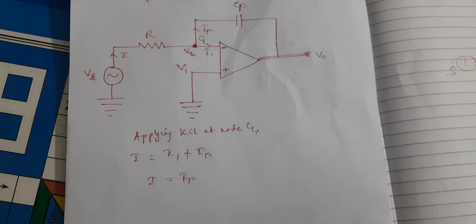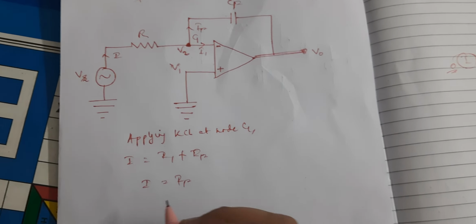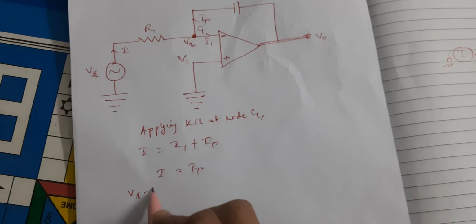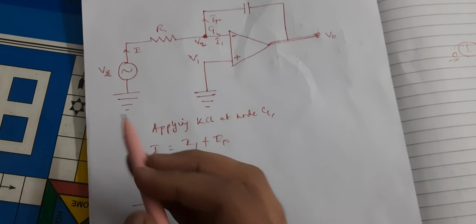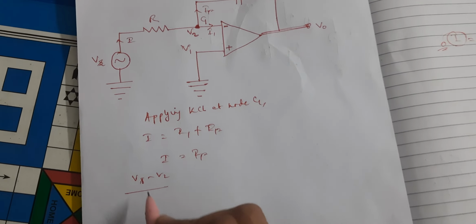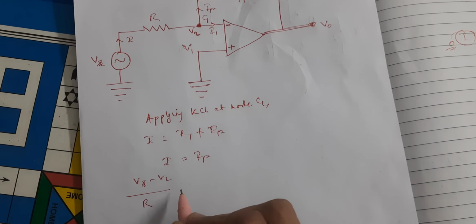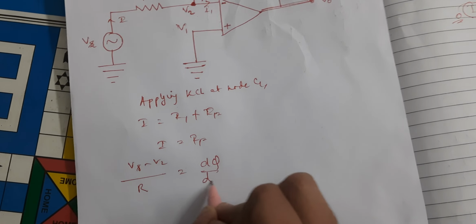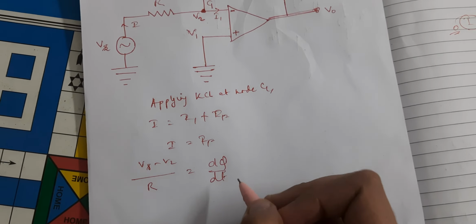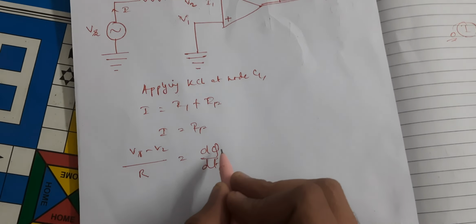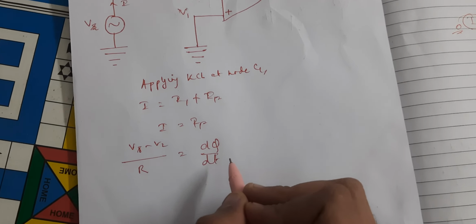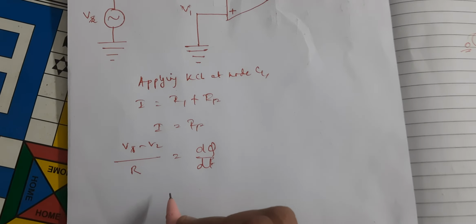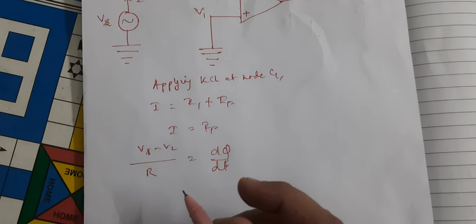Here we will see that I, which is equal to Vs minus V2 by R, is equal to dq by dt. Q is equal to CV, as we know from the value of capacitance.